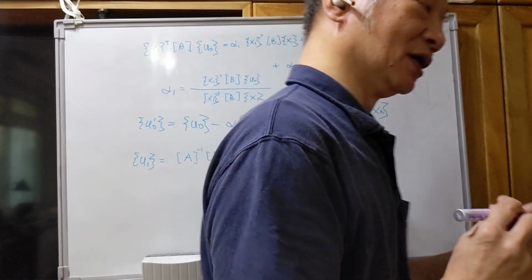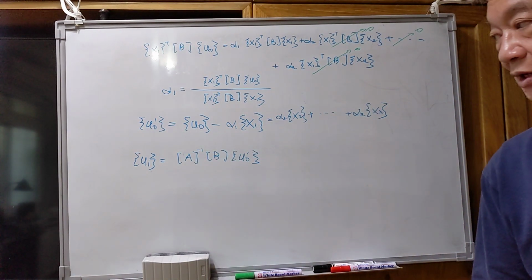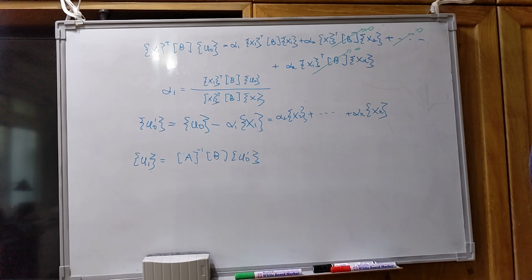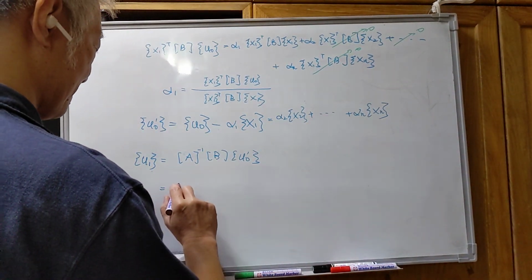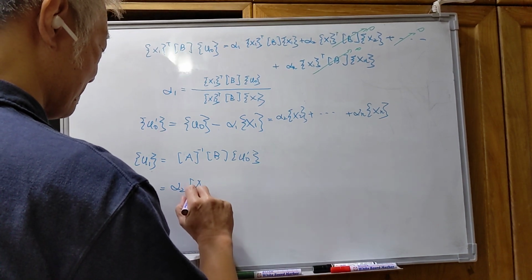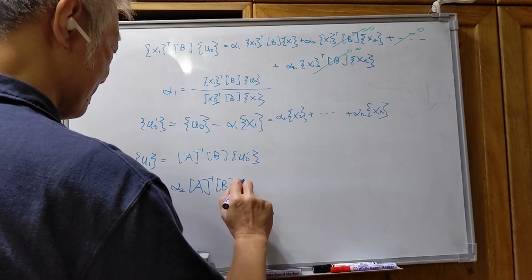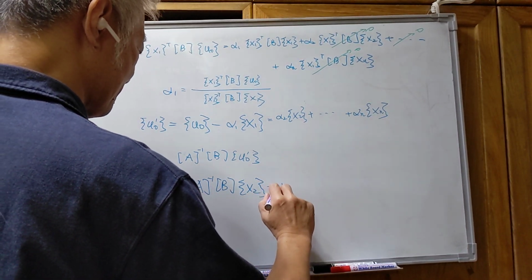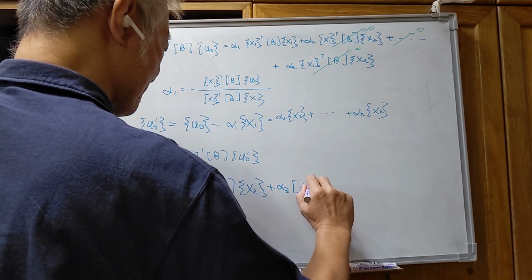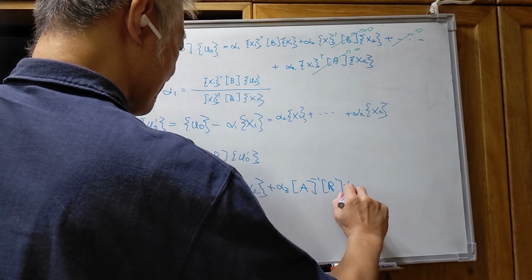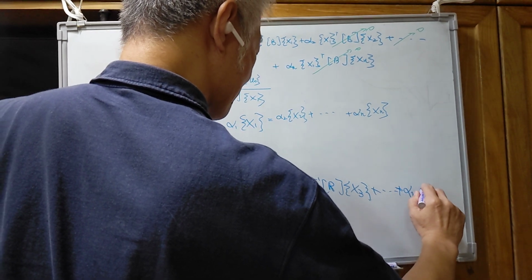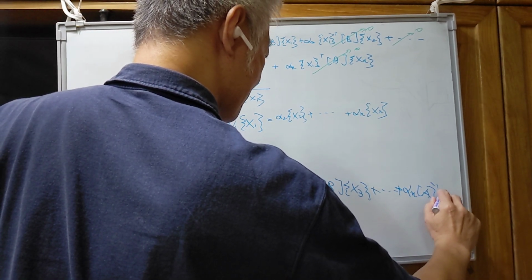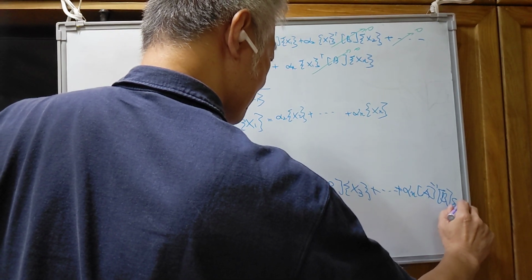Okay, so you just calculate A inverse B U0 prime, and remember this formula will be the following.